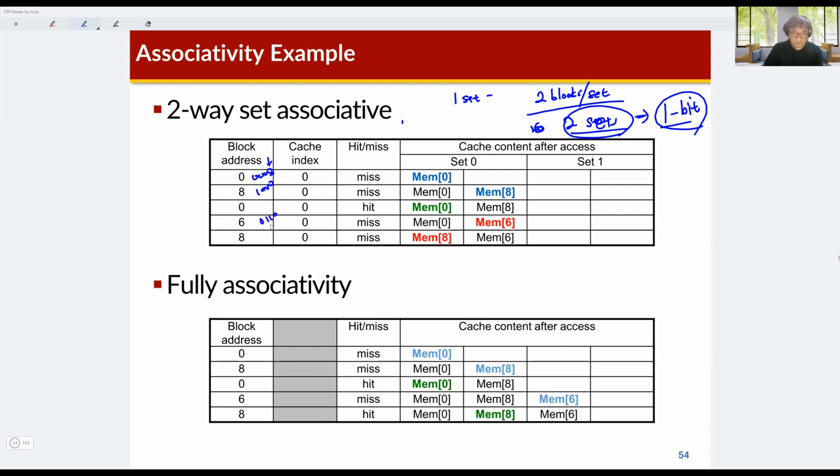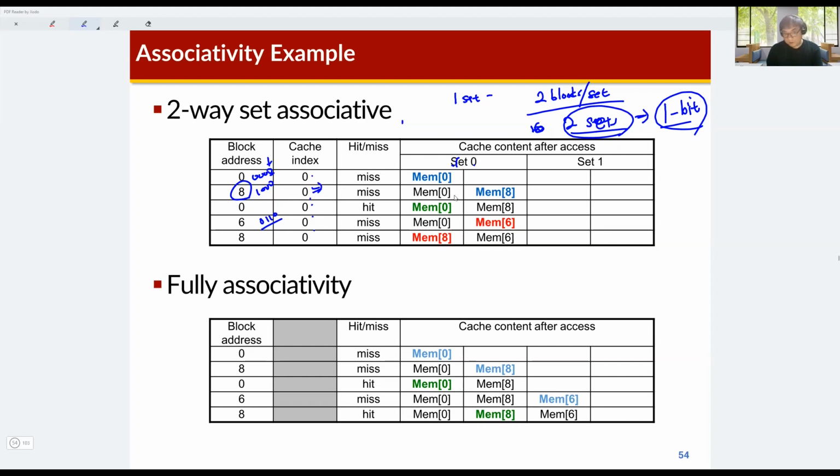The cache index for this two-way set associative cache is all zeros. For memory 0, this is stored in set 0, and then for this memory request, block address 8, the cache index is the same.